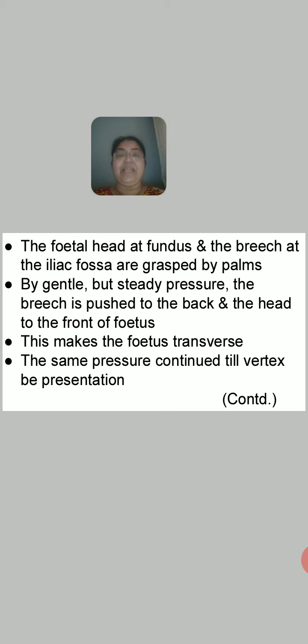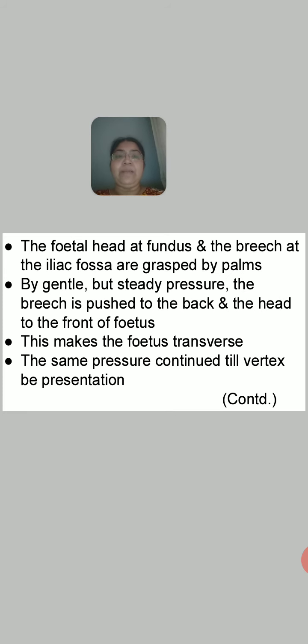I repeat, whenever there is LSA position, when the buttocks are in the left iliac fossa, you give pressure to the buttocks upward, towards the left side, because the back is towards the left side, and the head should be pushed downward on the right side, because towards the right side you will find the fetal front part, right? You have to give the pressure continuously.